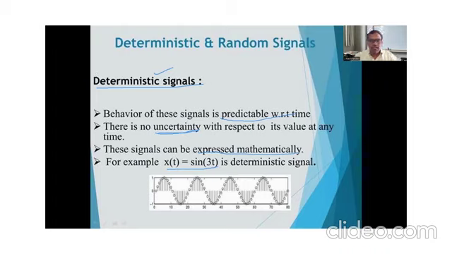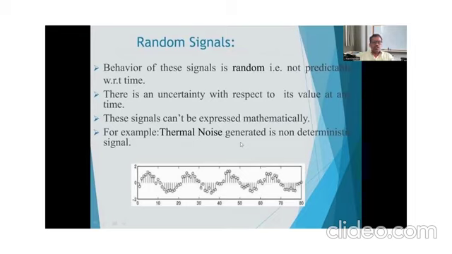Now another signal is random signals. Random signal means it is not predictable with respect to time.